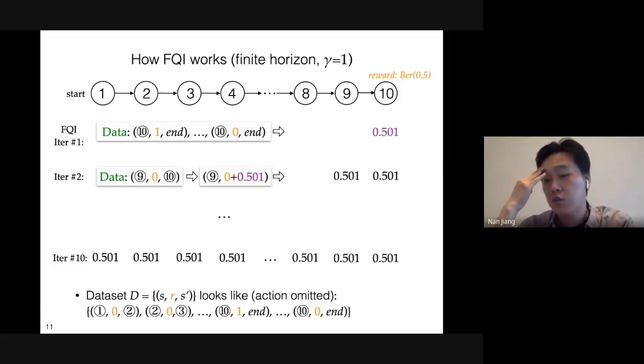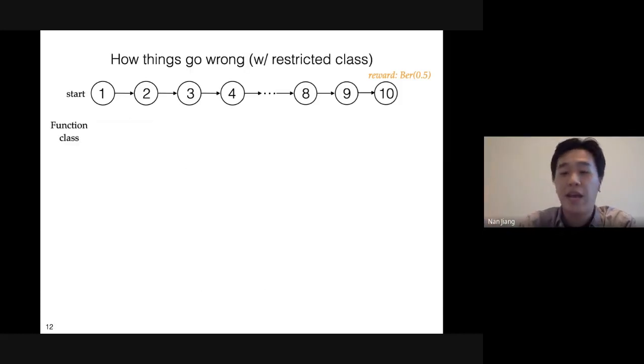So to mimic that, I'm going to literally do that. I'm going to take the same problem, but now I'm going to force you to predict only a limited number of values at each state to mimic the restriction of function approximation, right?